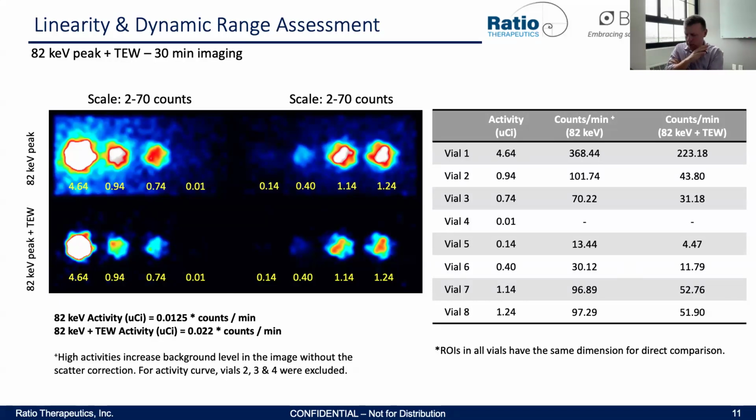But we do see a linear response, quite a bit of scatter from this 5 microcurie vial that can impact the vials nearby, so those were excluded in the curve assessment that was done later on. But I think we see a reasonable response, a clearly visible vial at 0.4 microcurie per ml. Without scatter correction, it's still there, certainly quantifiably there at 0.14, a little more in the noise at 0.01.